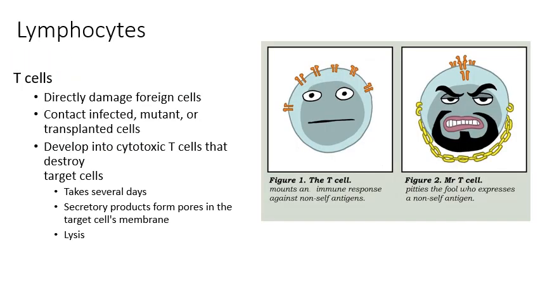The T lymphocytes, there are 3 different types. We'll talk about them in a bit, but basically their job is to go after the cells. Viruses go in and take over the machinery of the cells and start replicating, so one copy becomes thousands of copies.